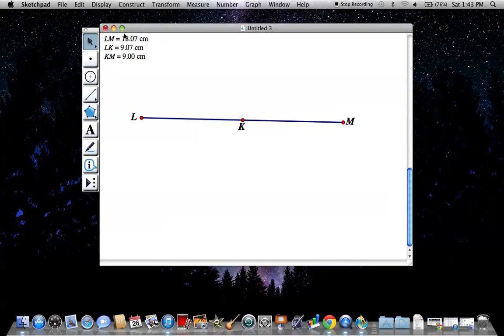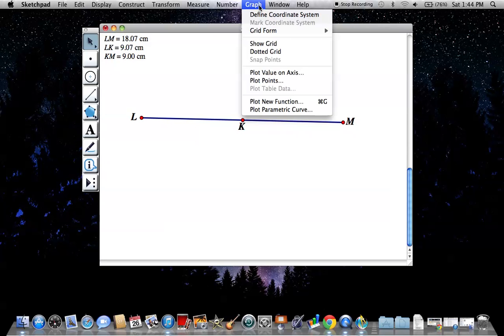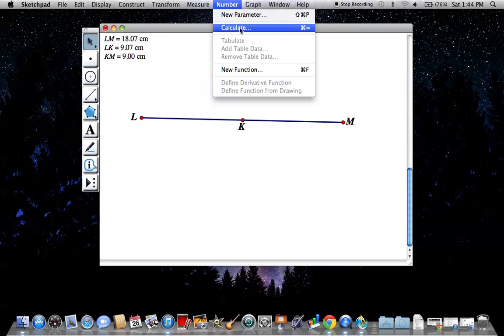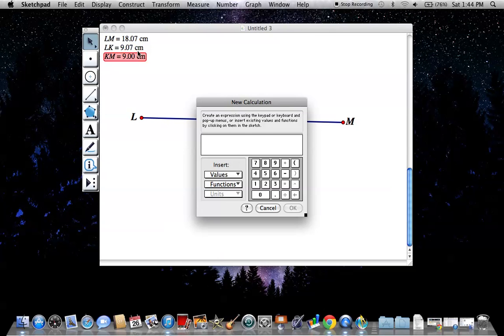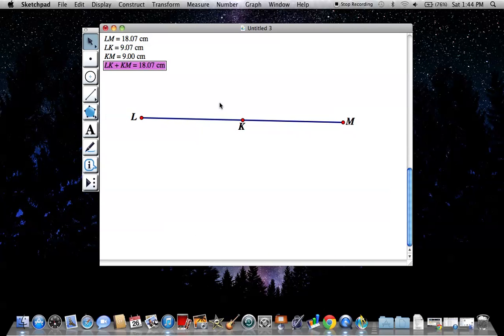If you notice, LM, LK, and KM: LK and KM make up LM. So if I go to number, calculate, and add up LK plus KM, then they're going to equal the entire length.